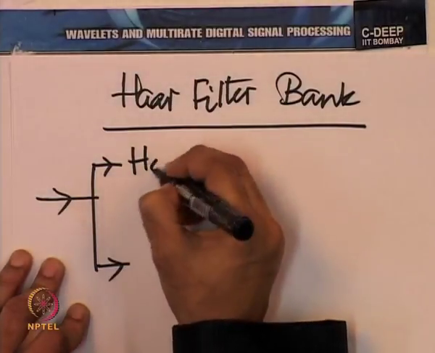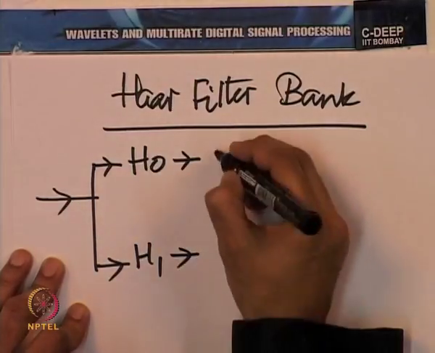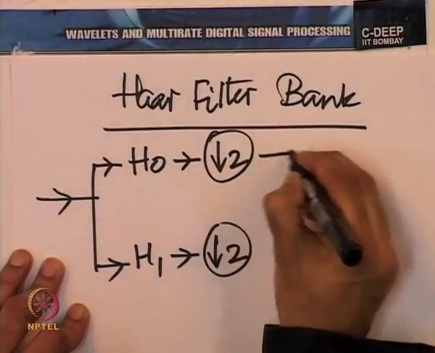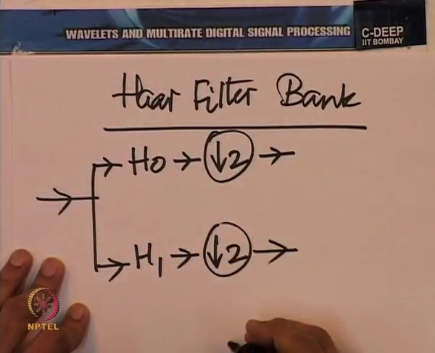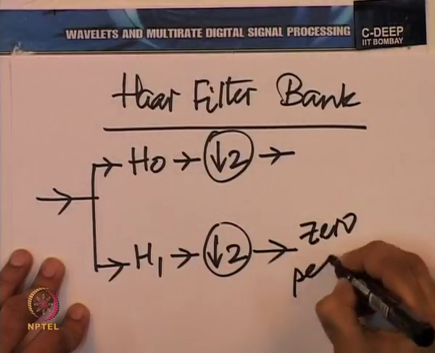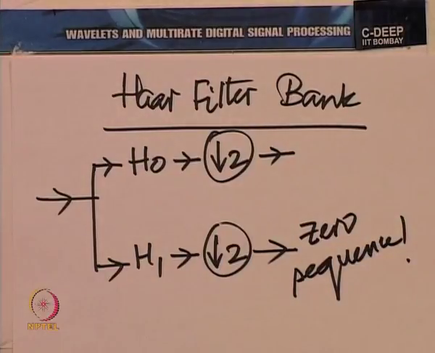I have H0 here, I have H1 there, and if I take just the analysis side, it is very easy to verify that the output here is going to be the 0 sequence. In fact, I will take just a minute and verify it.